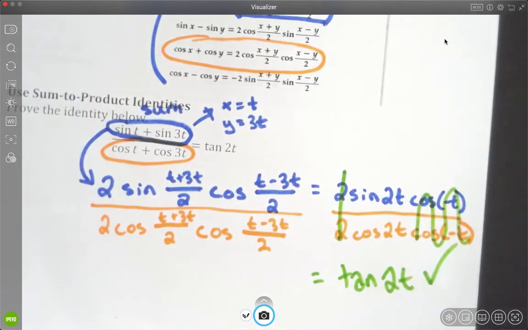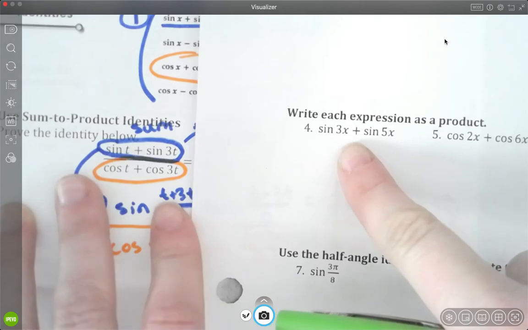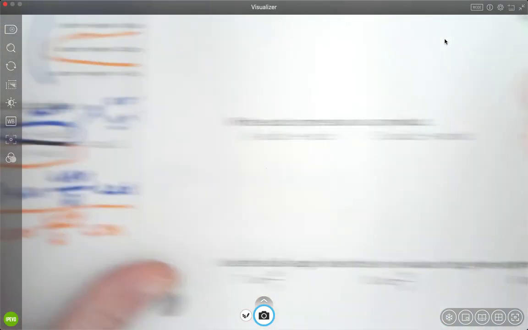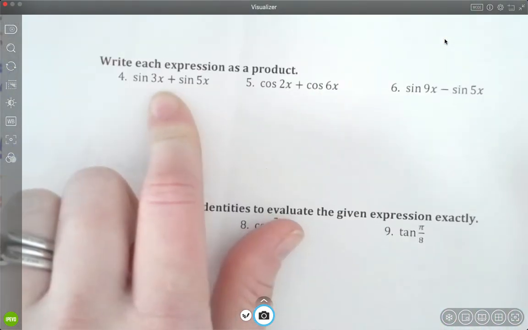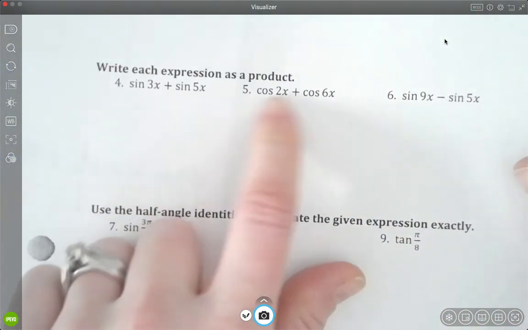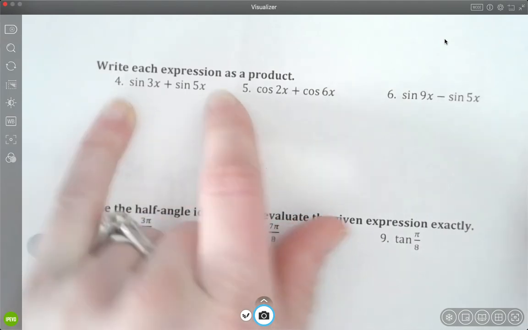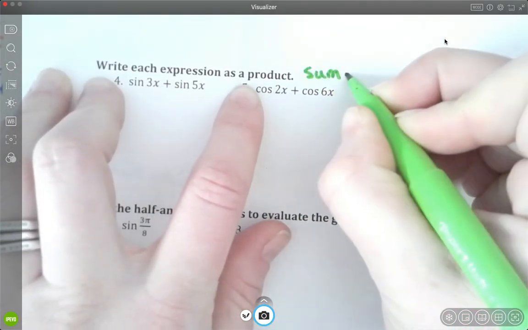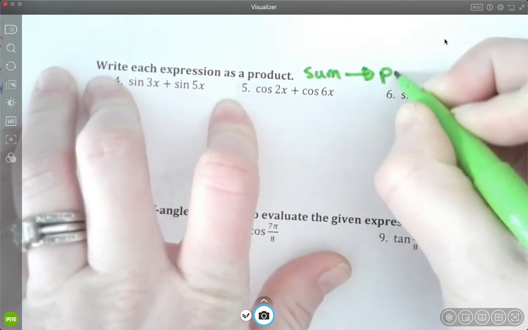Check. Now, on your homework assignment, keep in mind, it's very similar to this one, except you are only doing one of them, like the top or the bottom. So note here on 4 through 6, what is this chunk and this chunk and this chunk? Those are sums. And so you are going sum to product on these.